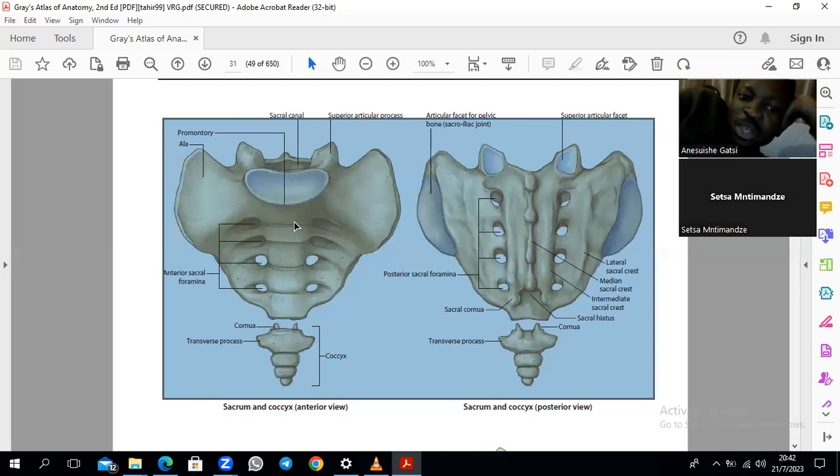And it's named coccyx because it resembles the beak of a bird. There's a Greek bird, I'm forgetting the name, from which this derives its name. And that's your human tail. Then superiorly, it articulates with the sacrum. Inferiorly, it articulates with nothing.